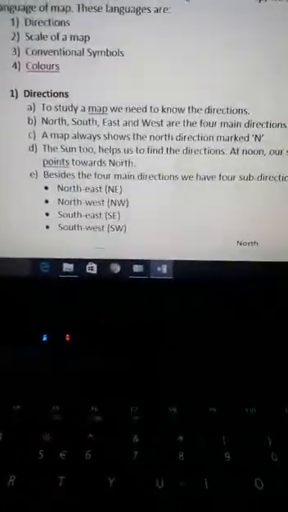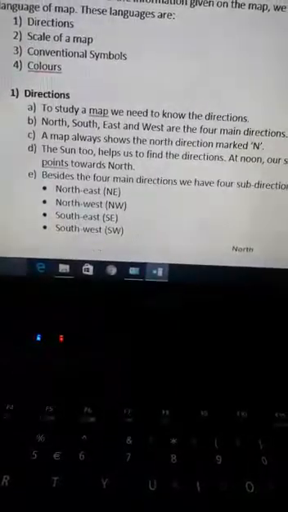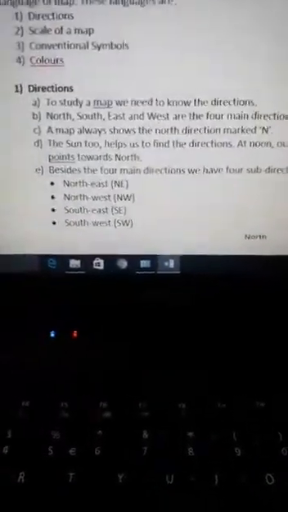Now let's discuss the first one. The first one is directions. What do you know about the directions? There are four main directions: north, south, east and west.